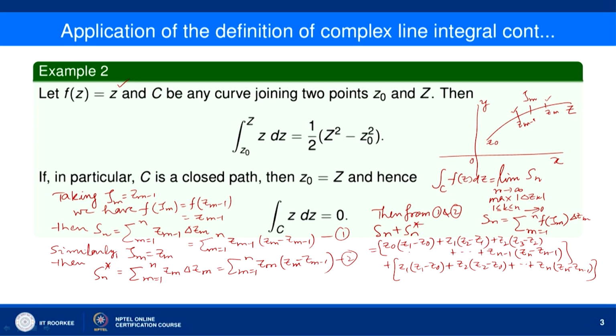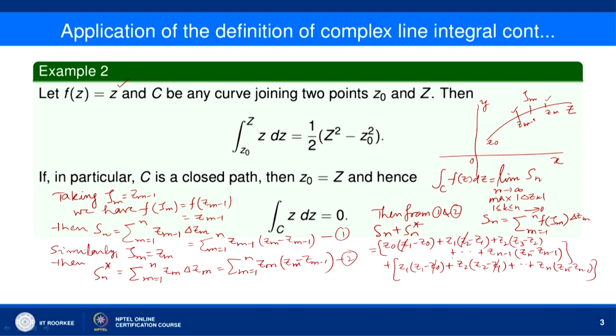Now, you can see when you add these two expressions, Z naught Z1 will cancel with Z naught Z1. Then Z1 Z2 will cancel with the Z1 Z2 here, and so on.